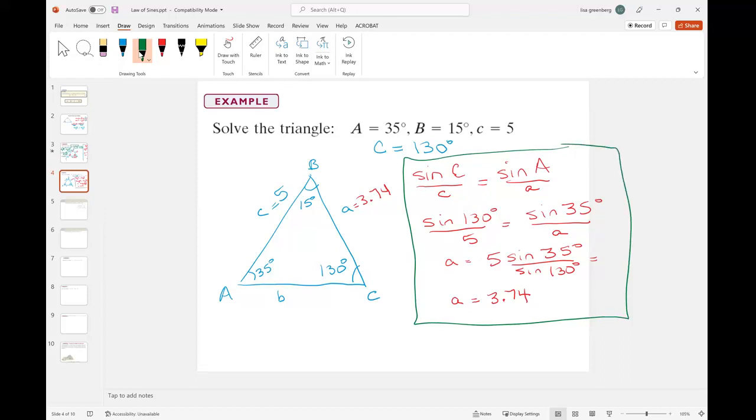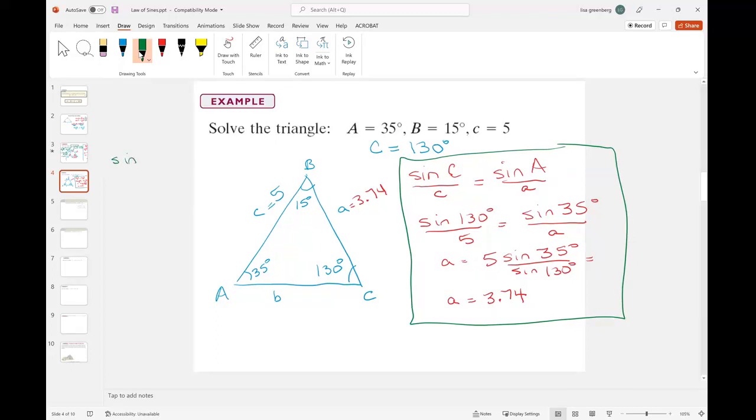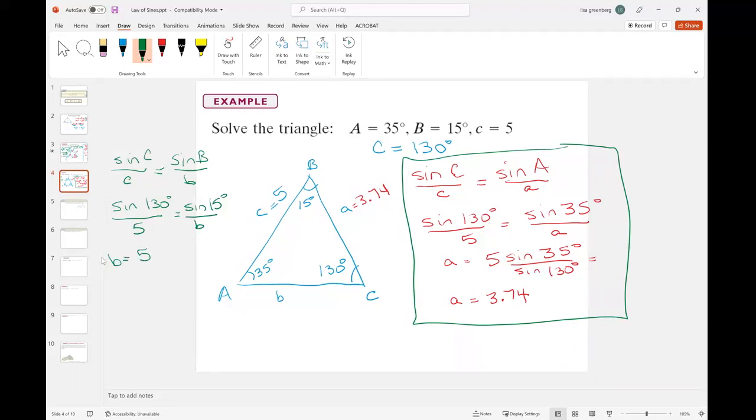And then I can do the same exact thing for B. So I have the sine of C, I'll just write it out, over C equals the sine of B over B. So again, I have the sine of 130 degrees divided by 5 is equal to the sine of 15 degrees over B. And that means that B is going to equal 5 sine of 15 degrees divided by the sine of 130 degrees.